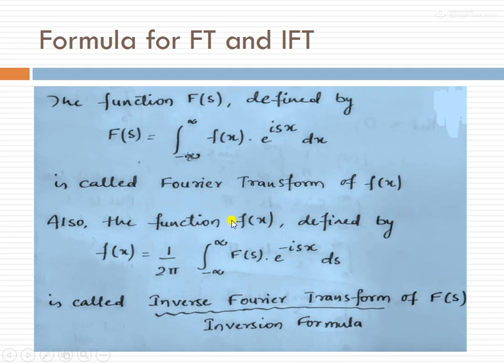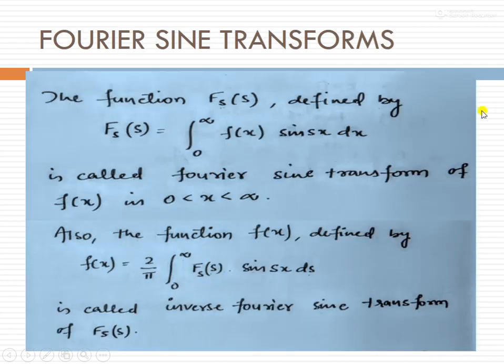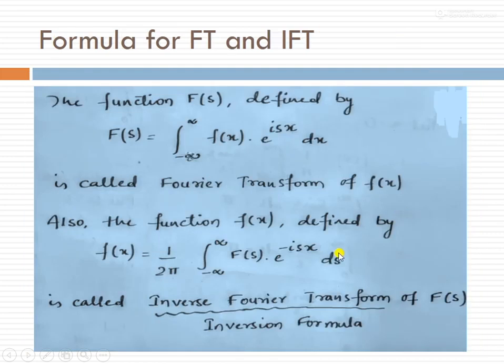And also the function f(x) defined as 1/(2π) times the integral from minus infinity to plus infinity of F(s) e^(-isx) ds is called the inverse Fourier transform of F(s), or the inversion formula. And these are the basic formulas of the Fourier transform and inverse Fourier transform.